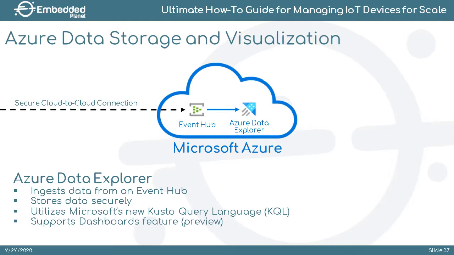So you tie a secure connection between those two elements, and then it will store it. And it will also display it in this dashboards feature. So it's almost a whole package for quick IoT deployments if you want to just be able to see your data. And you can run queries with the new Kusto query language.